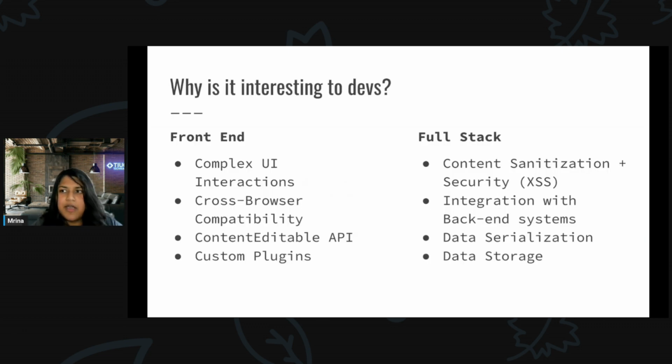So let's talk about these things. Why is it important? If you're a front end developer, complex UI interactions are probably something you are dealing with on a day-to-day basis. Implementing formatting commands requires a very deep understanding of the DOM, the Document Object Model, event handling, and the execution of commands via the execCommand API.